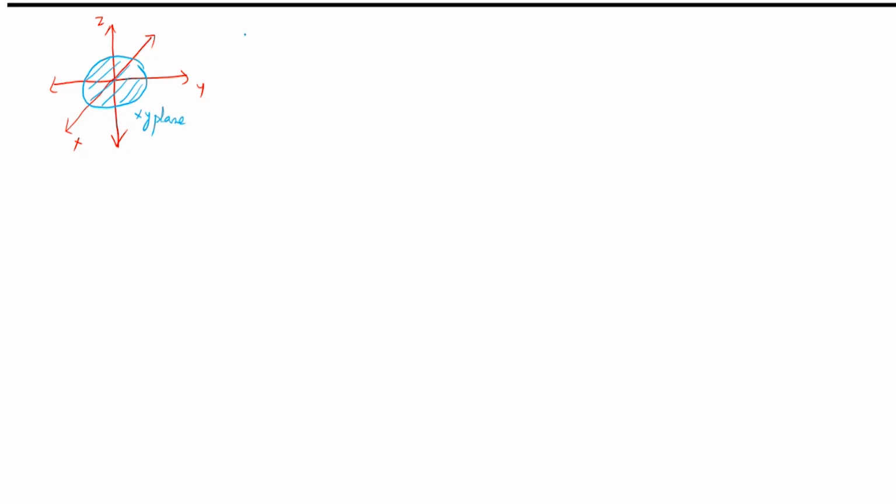You want to find out the area of the circle. What is the area of the circle? Pi r square, right? Yes, the area of a circle is pi r square.